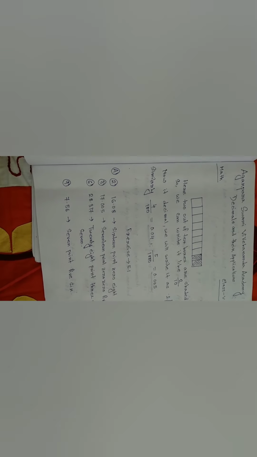Before starting the exercise, you have to know what a decimal is and how to convert fractions into decimals. First see, if there are 10 boxes and out of 10 boxes 2 boxes are shaded, then as a fraction we will write 2 by 10.